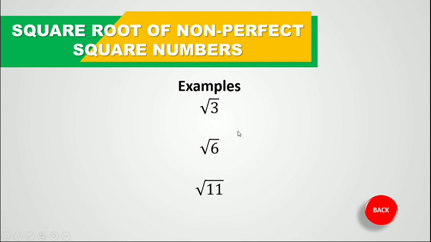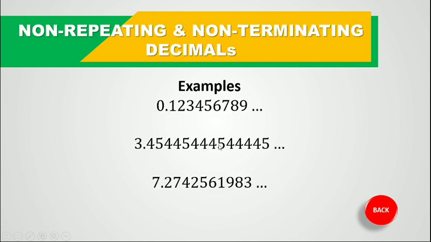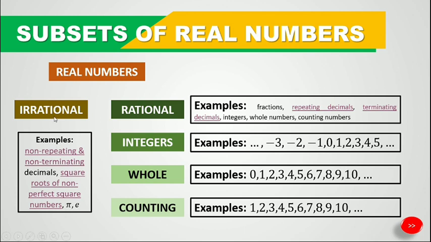So if you're getting the square root of non-perfect square numbers, then the answer will be included in this subset of real numbers, which is the irrational numbers. And we also have pi and e. Usually in elementary, you are allowed to use 3.14 as the value of pi.